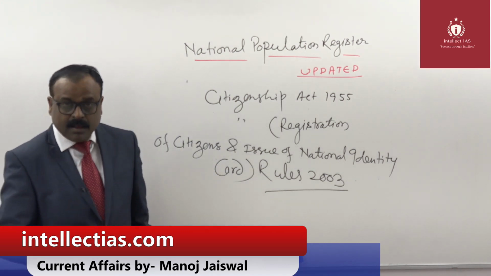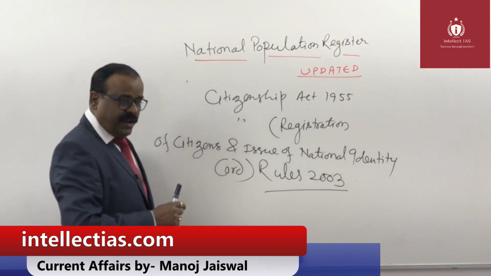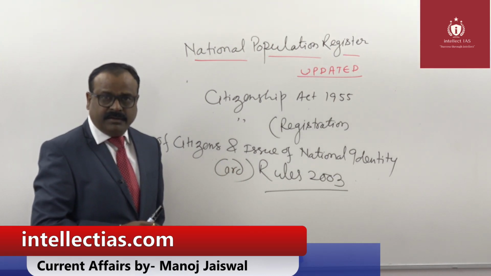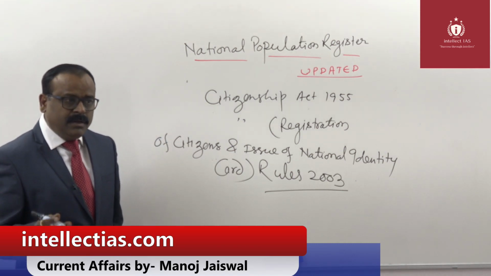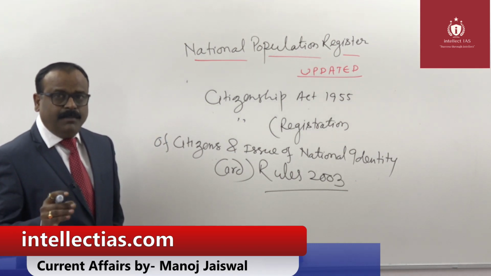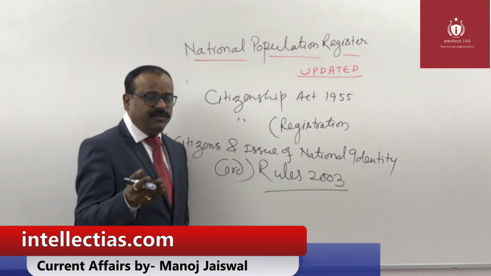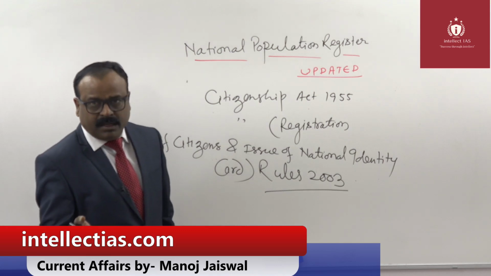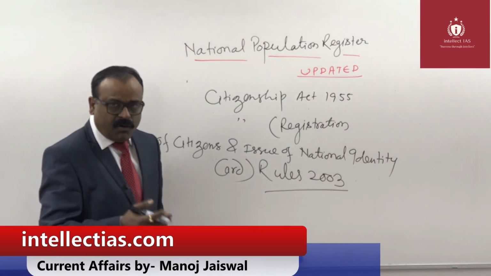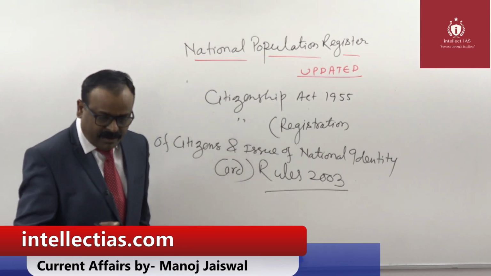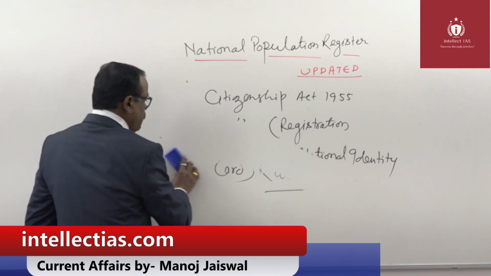When this rule was framed in 2003, it means there must have been some particular development before this time. And the second thing, as we know that the government is going to update the NPR, it means that there was an NPR existing already. So what is the background?